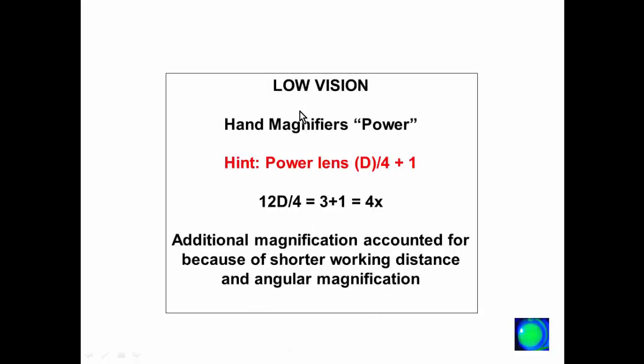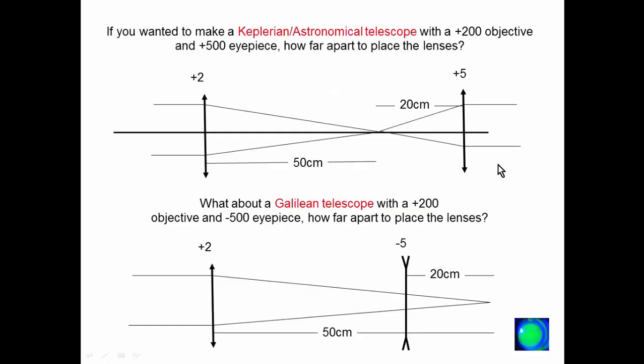For low vision aids, the power of the lens labeled is the dioptric power of the lens divided by 4 plus 1, and we add 1 because when you're looking at an object with a hand magnifier, you hold the object very close to the eye, and this increases the effective magnification.